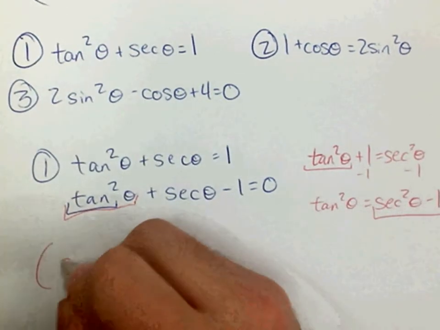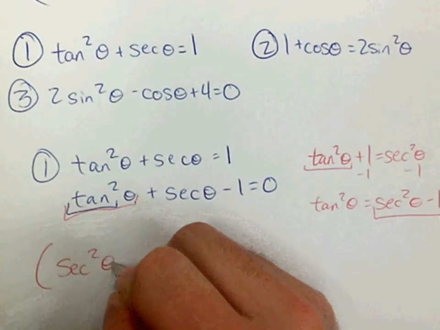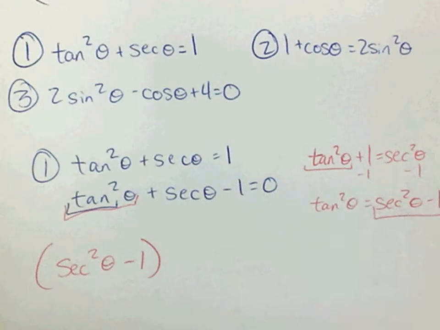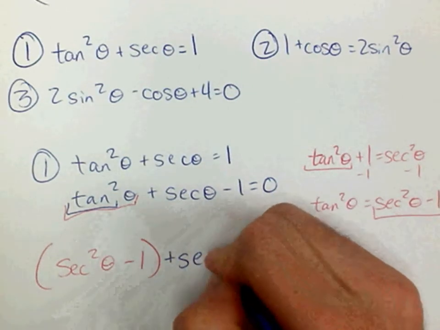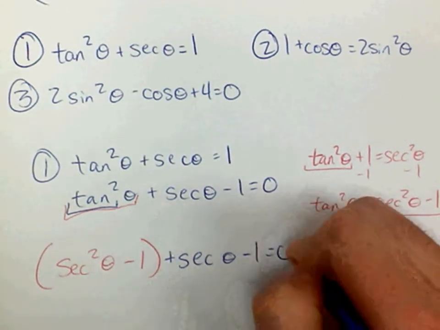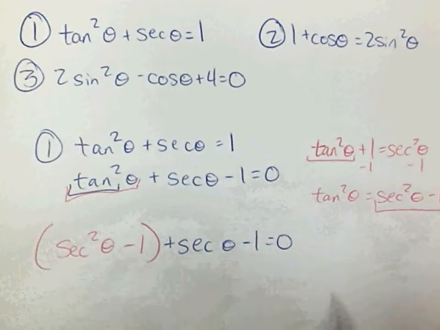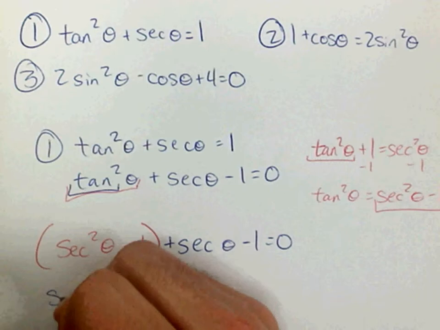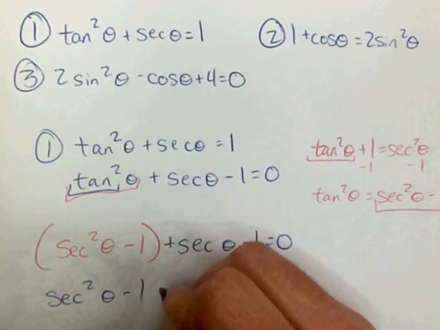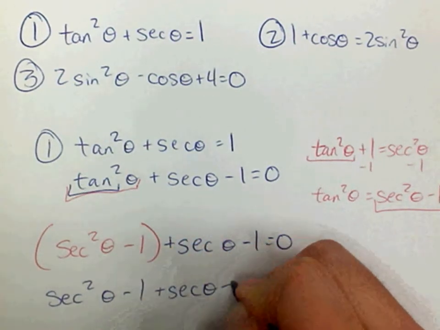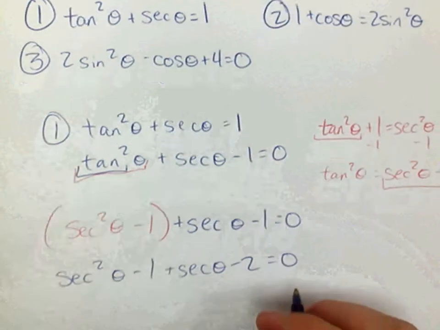So that is secant squared theta minus 1 plus secant theta minus 1 equals 0. If there was anything to distribute, I would, but there's just a 1 out here, and we don't even have to write that.